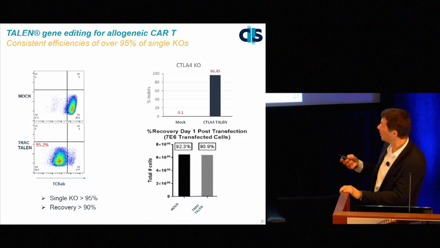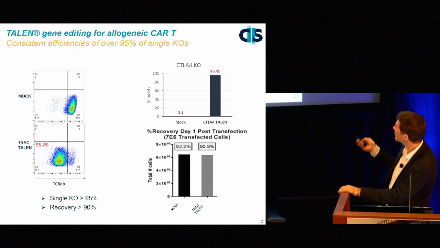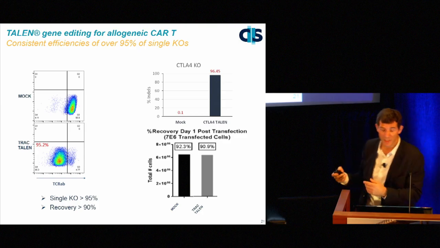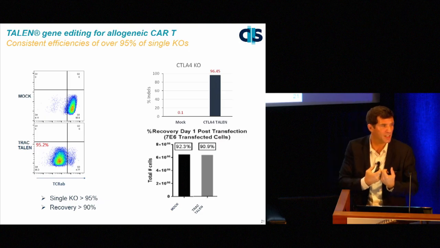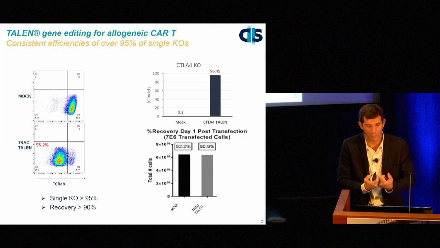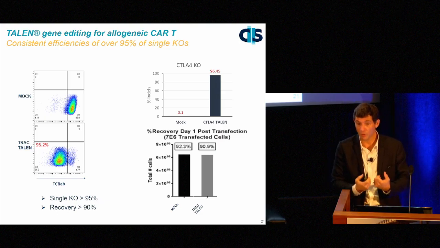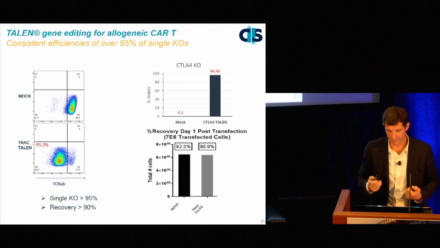So post transfection, you see that the mock cells survive at 92.3%, while cells that have been treated by the TRAC TALEN survive at 90%. If you fry the cell too much during the electroporation or gene editing procedure, it will be very tough for the cell to recover afterwards.